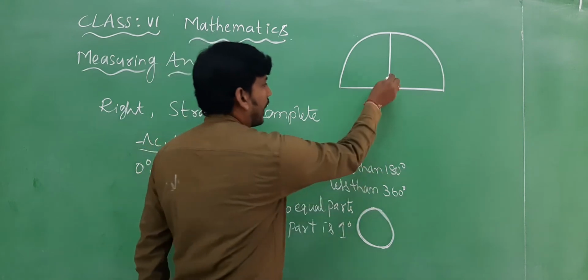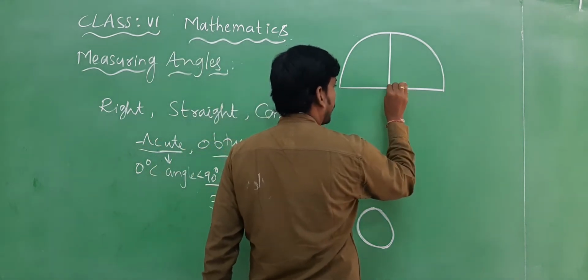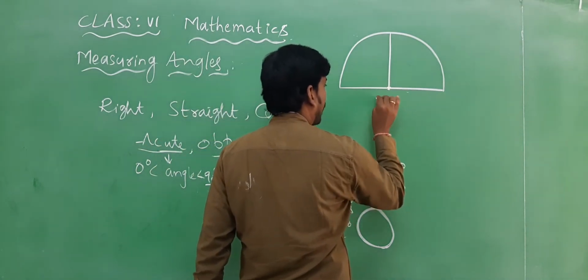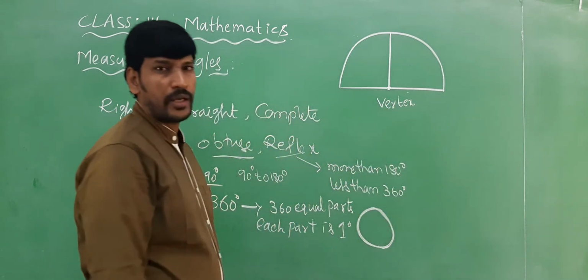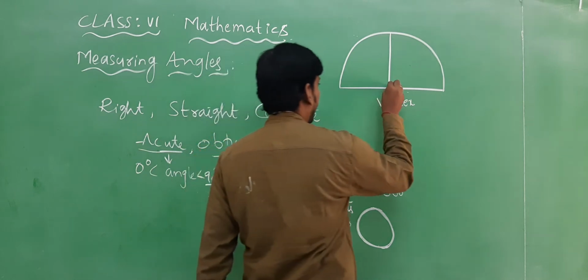These two lines meet at a point. This is the center point, or we can take it as the vertex also. This point is very important.